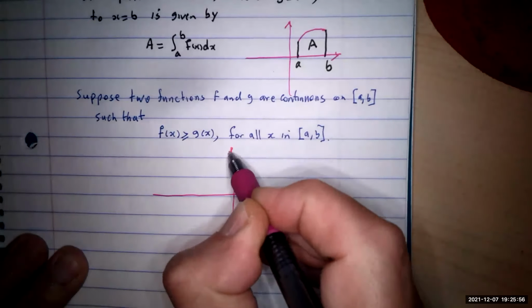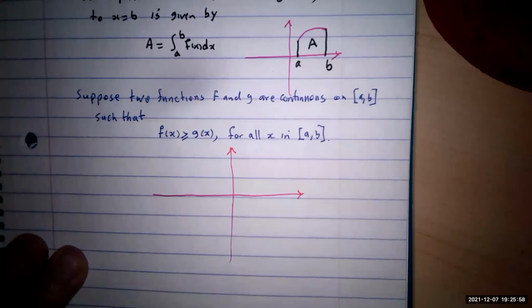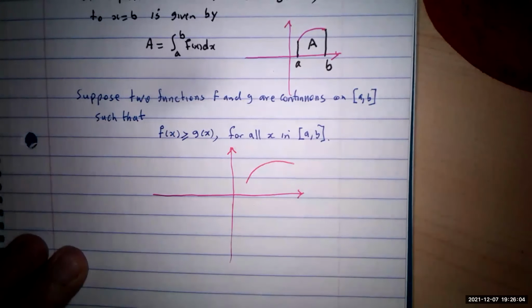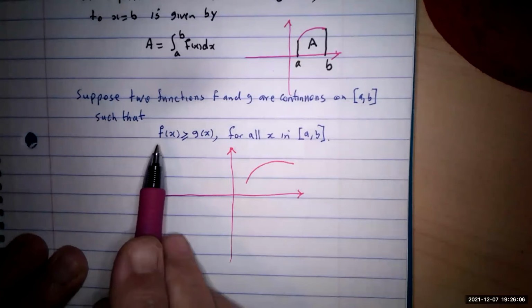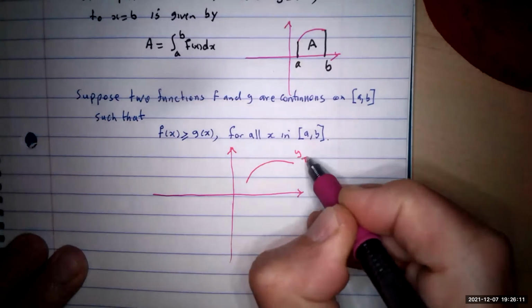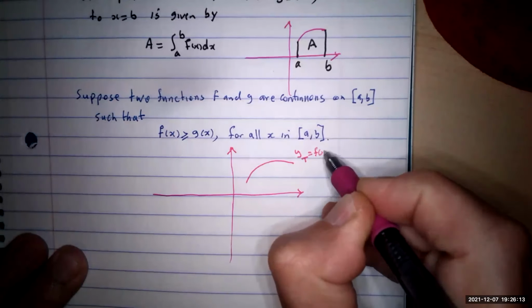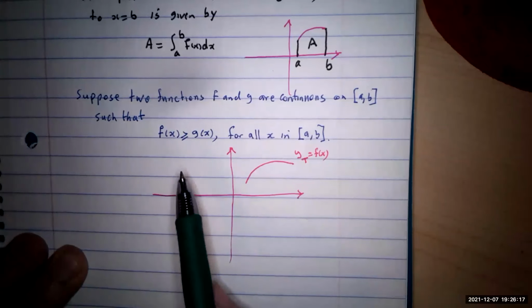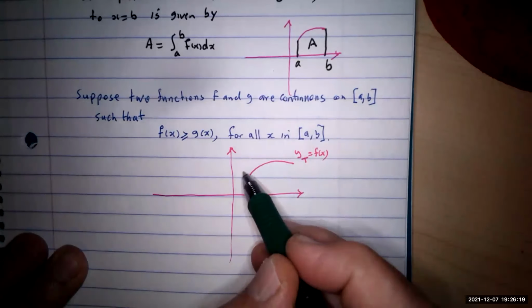So we are going to have one function on the top. Suppose this is the top function, f of x. We call it y of the top, which is f of x. And then we have g of x, which is the function right at the bottom, if you like.